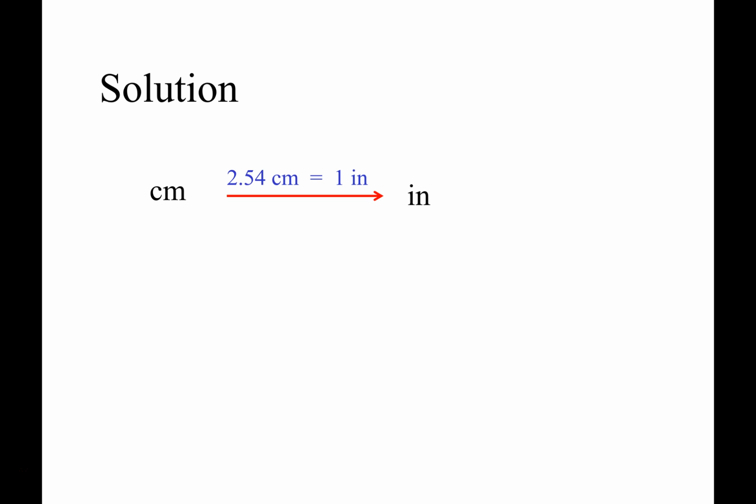The first term is going to be the thing we want to convert, which is that 5.52 centimeters. And again, in my notes, I apologize, but what I would do is put it over 1. So how can we use this equivalency statement as a ratio to have units of centimeters cancel and be left with units of inches?